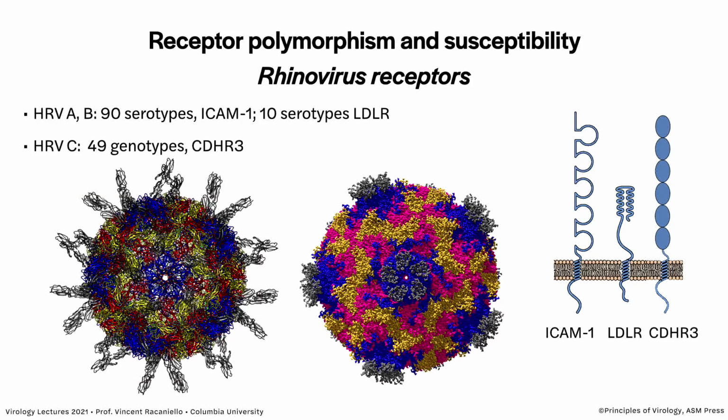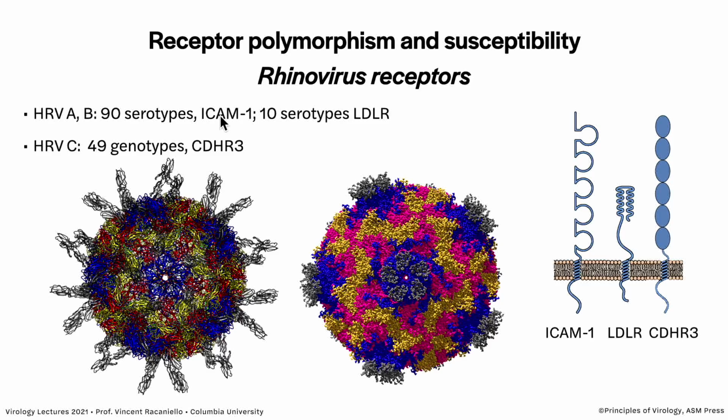One more story to tell you, which is very cool, and this is about how the gene encoding the receptor, and polymorphism, that is amino acid or nucleotide differences from individual to individual, can control susceptibility. And this is for rhinoviruses. There are three types of rhinoviruses, A, B, and C, and there are three different receptors that are engaged by these viruses.